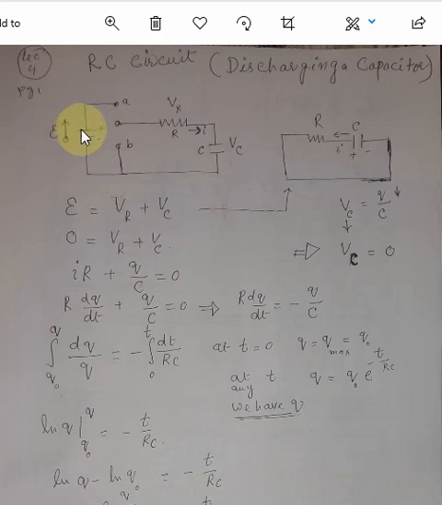So our circuit will assume this shape. Now you can see that there is no source of EMF E, and this R and C are connected in series with each other.